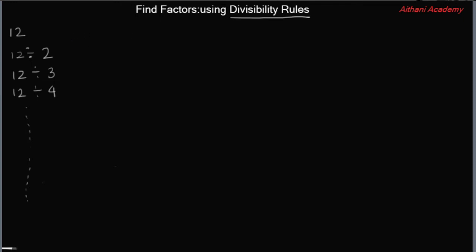So I'm going to write here: factor, rules, example, and test. Okay, so let's take the first number, 2. 2 is a factor of any number if that number is an even number.